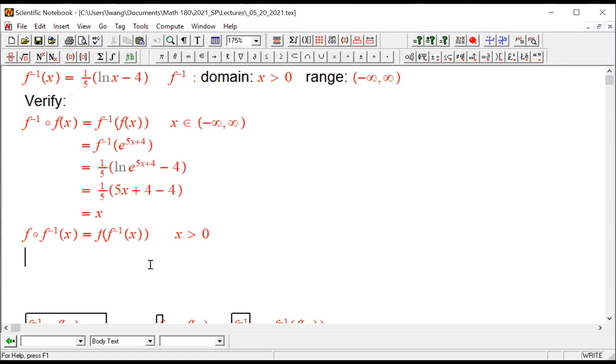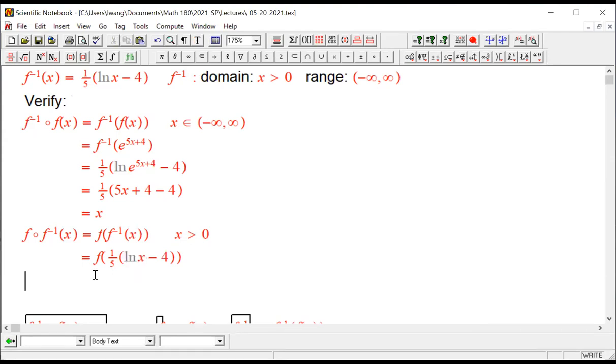Otherwise, you wouldn't be able to carry out the domain. Okay, so now, what is F inverse? F inverse is this guy, right? This is a positive guarantee. This is meaningful.